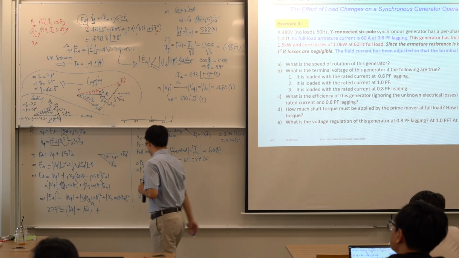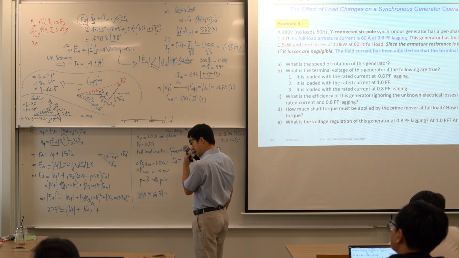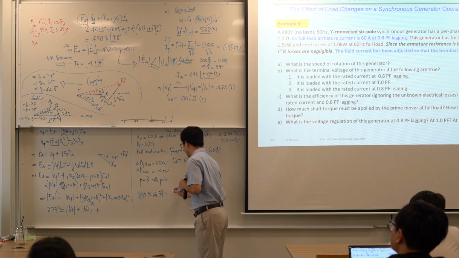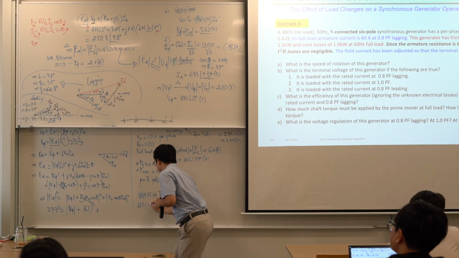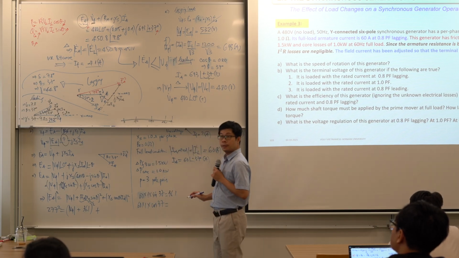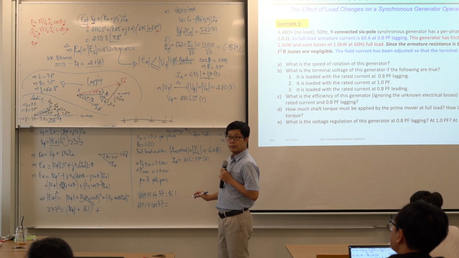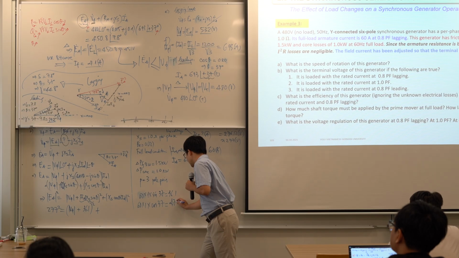Plus we have XS cosine theta IA squared. That means 60 times 1 times cosine 37. How many please? 47.91.